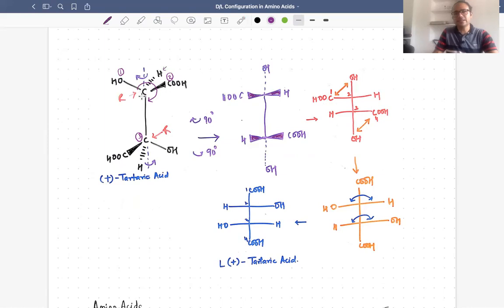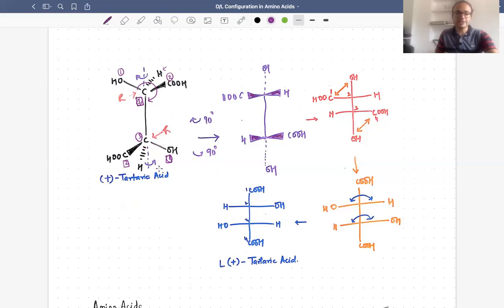So this is R. Similarly, you can see here, this is 1, and this is 2. Let me use a square here for 1, 2, and this is 3. Again, when you move from 1 to 2 to 3, it is a clockwise direction. So it is the correct R configuration.